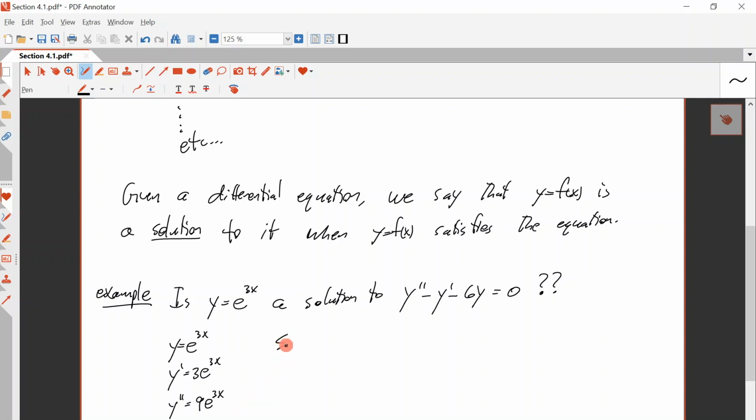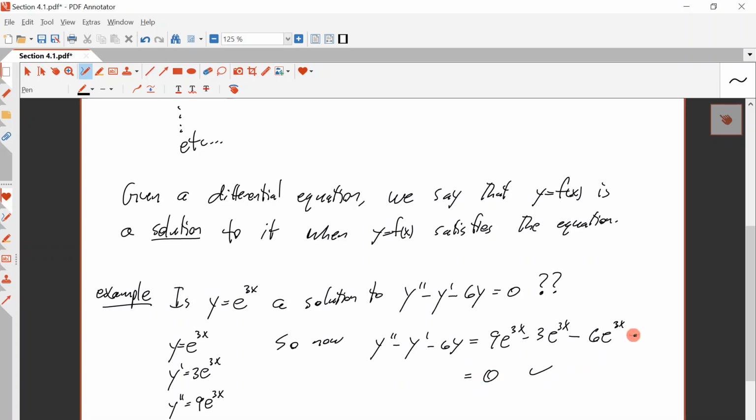So now, y double prime minus y prime minus 6y is equal to 9e to the 3x minus 3e to the 3x minus 6e to the 3x, which is equal to 0, right?